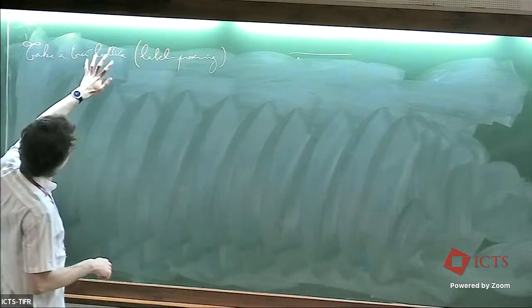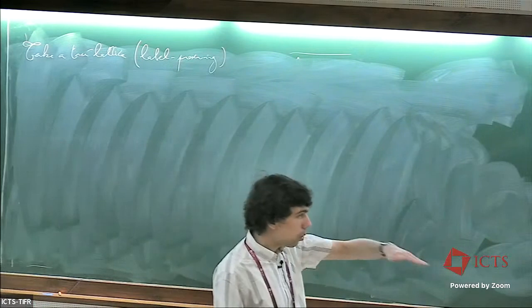So a lattice in the automorphism group of this tree that preserves horizontal and vertical edges.